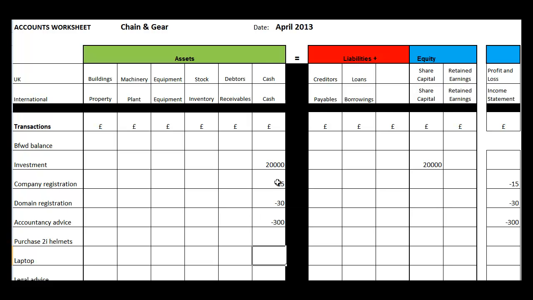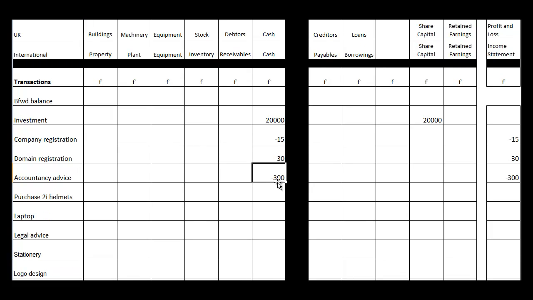Next, we're going to purchase some stock, and we're going to purchase the 2i bike helmet, which is payable in 30 days. So rather than pay for the stock from the bank account, we're going to put this under our creditors of £1,200, and we're going to increase our stock balance by £1,200.